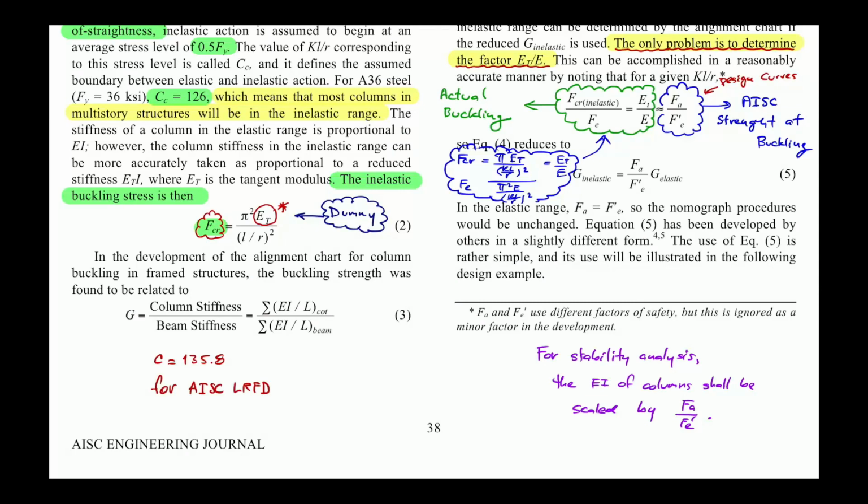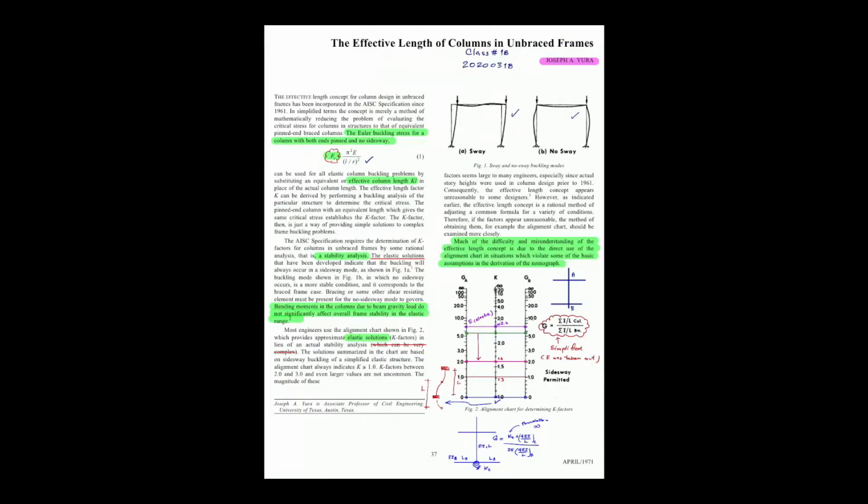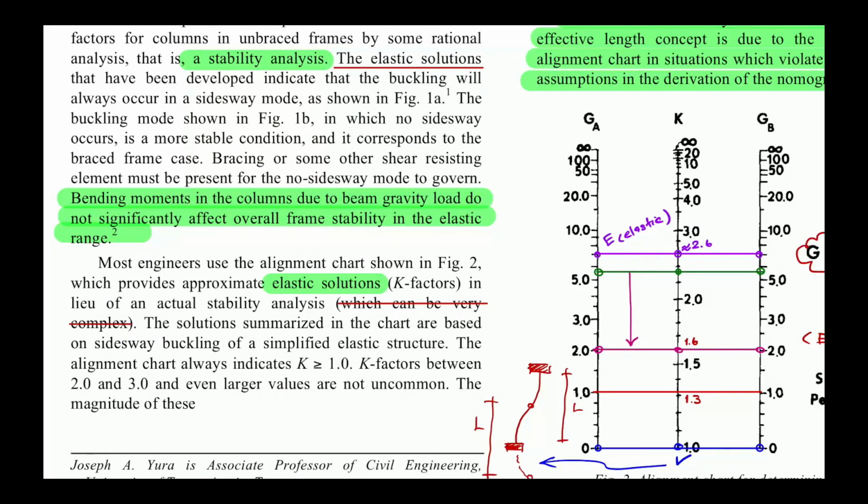We are going to use the structural analysis program. We're going to use the nonlinear geometry or the geometric stiffness matrix to run the analysis and work on the stability issue. This is still useful, but Yura is not saying that here, which can be very complex.